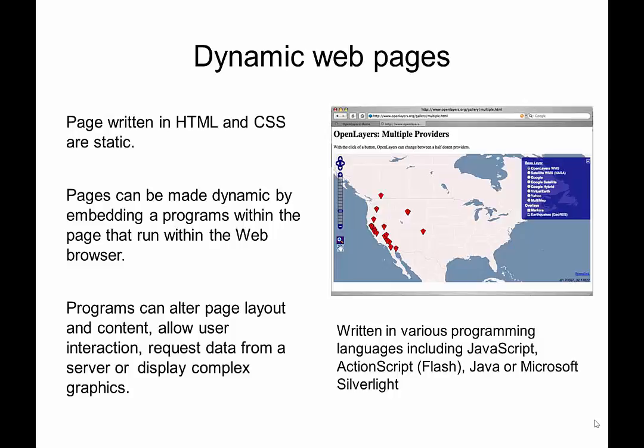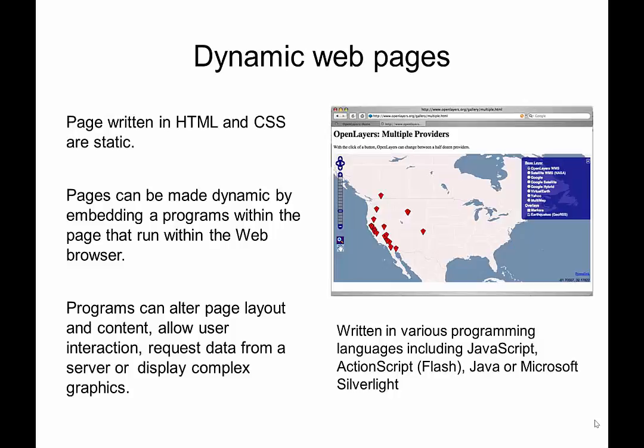So the third component of a web page is, well, web pages written in HTML and CSS are static. They load up, they're on the page, and they sit there looking at you, or you sit there looking at them, as the case may be. So you can't point and click on them, you can't do anything with them. The only thing you can do is if there's a form with a submit button that's set up to be sent to a server, then you can fill up that form, press the button, and go to the server.